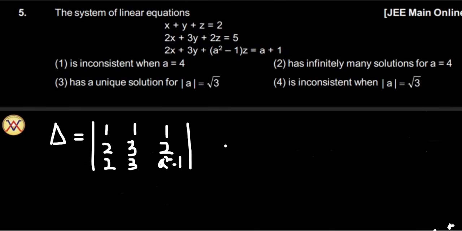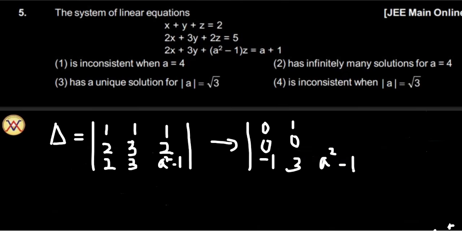You saw the row operations, and after applying them, our final determinant is 0, minus 1, and we got 1 here, another 0, and a 3, a square minus 1, a 1, and a 3 minus a square.